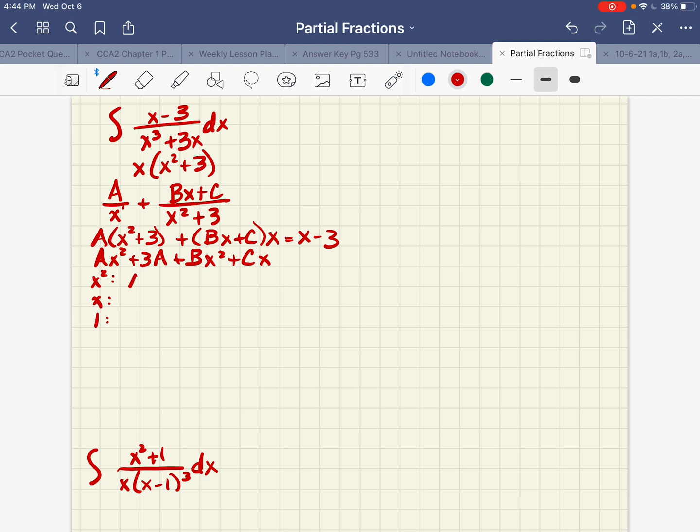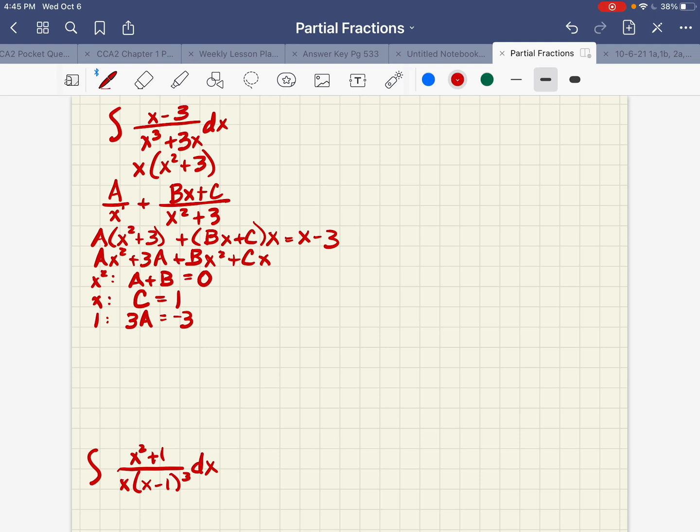So the x squared terms are A plus B equals, there's no x squared term on the right side of this equation, so A plus B is 0. My linear terms, there's only the 1, there's only C, and so C is 1. Well, okay, that makes things easier, doesn't it? And then my constant terms, I've got the 3A, and that's it. And so 3A is negative 3.